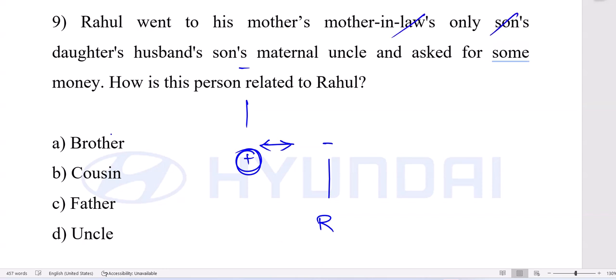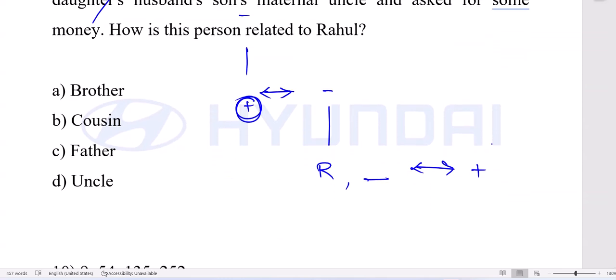Only son's daughter means Rahul's sister. For this person, daughter means Rahul's sister. Sister, husband, son. Maternal uncle.